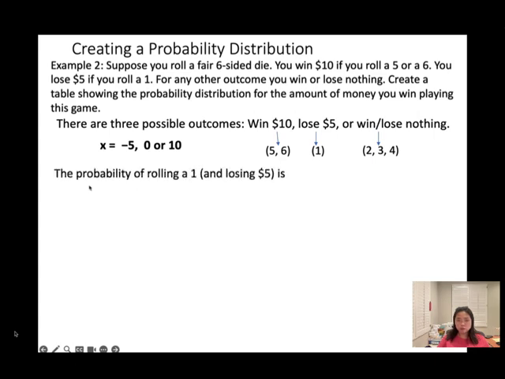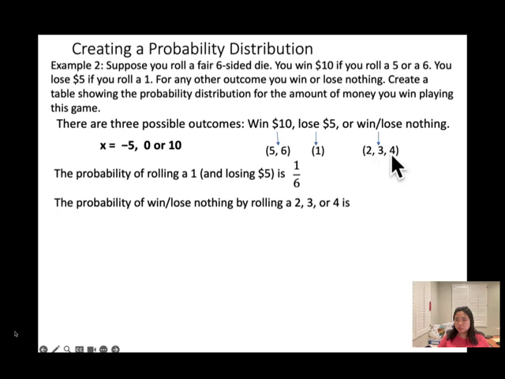So think about it, the probability of rolling a 1. What is the probability of getting a 1? You have 1 out of 6, so that will be 1 over 6. The probability of winning and losing nothing by rolling a 2, 3, or 4. So the probability of getting a 2 or 3 or 4 will be 3 out of 6.